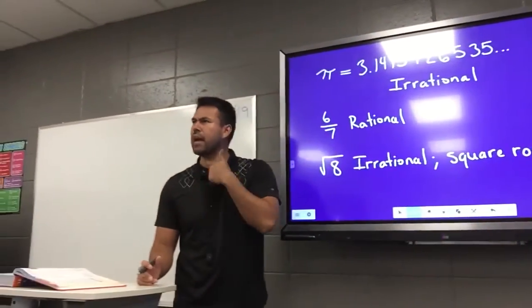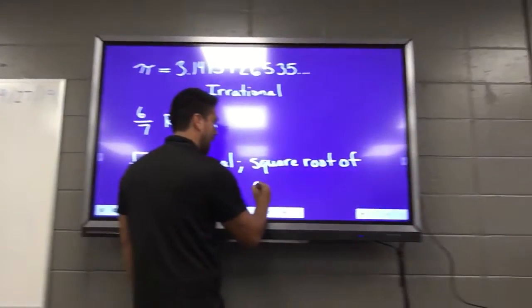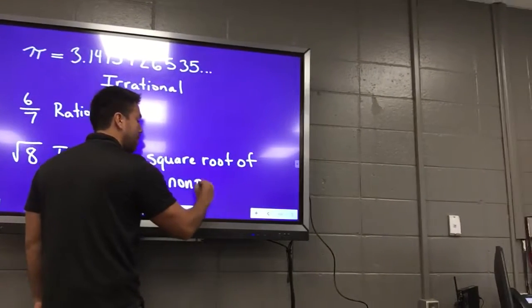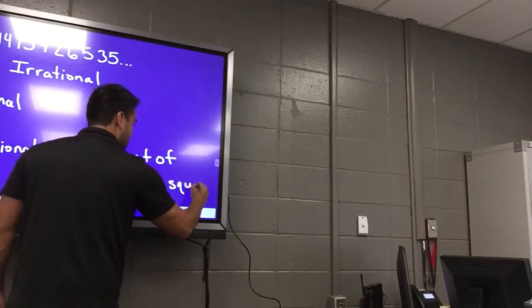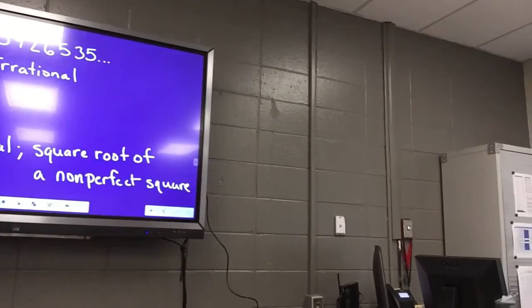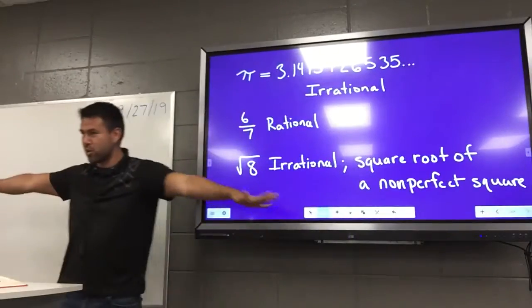These are your notes, guys, so when you do your own homework, you're like, wait, how do I know if this is irrational or not? It's a square root of a non-perfect square. So remember everything we talked about yesterday? We were talking about non-perfect squares being square rooted. All of those were irrational.